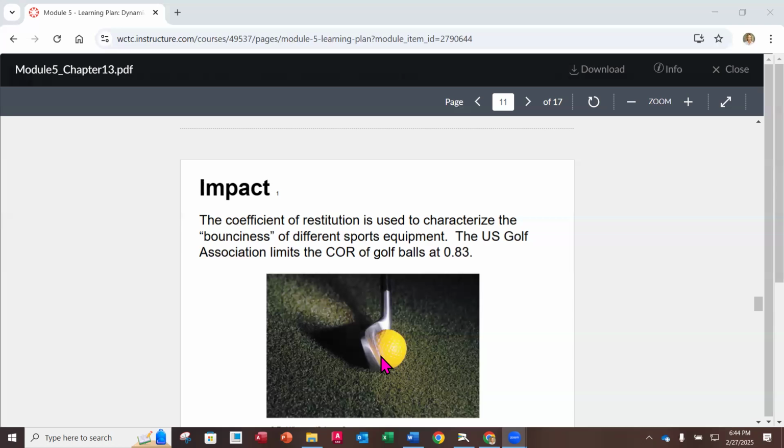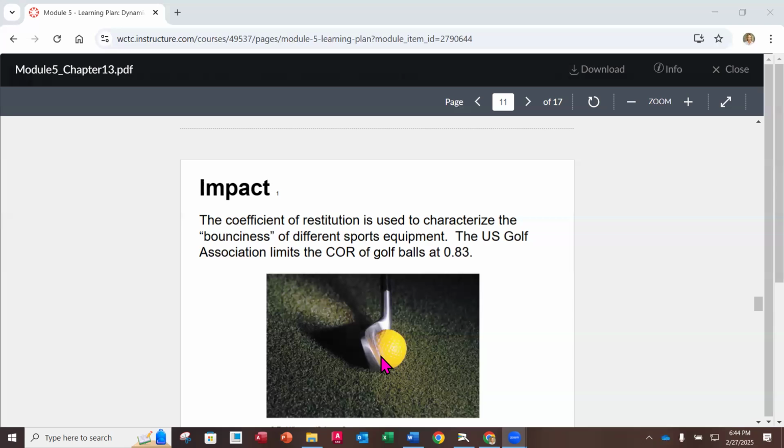So how we quantify this in our problems is we use something called the coefficient of restitution. It is characterized as, if you would, the bounciness of different materials, and in this case, sporting equipment. So there's going to be a range.